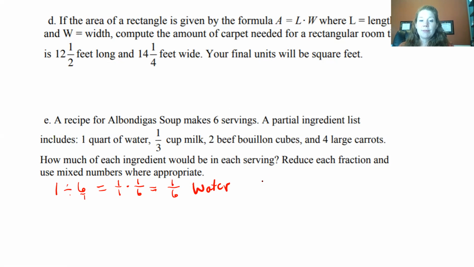I'm going to take my cup of milk and divide it 6 times. So now I'm going to keep it, change it, flip it. I can divide 3 by 3 and 6 by 3 and get 2. So 2 times 1 is 2, and 1 times 1 is 1.